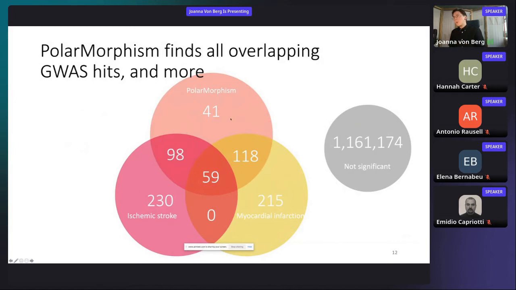PolarMorphism identifies all these 59 SNPs that we could already identify without using our method. But it identifies many more, some of which were only found to be associated with one of the traits, and some, these 41 here, were not identified by any of the original GWAS.